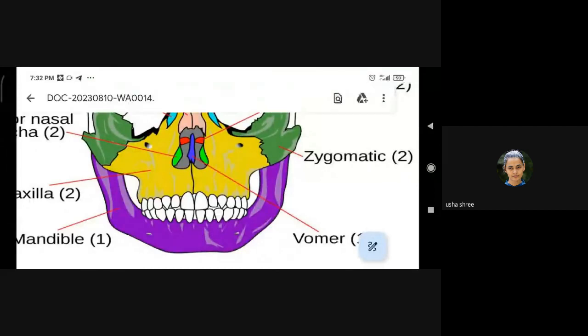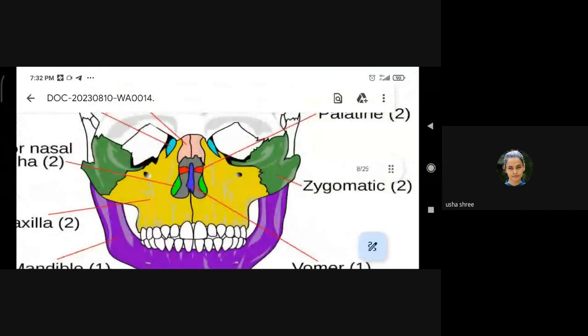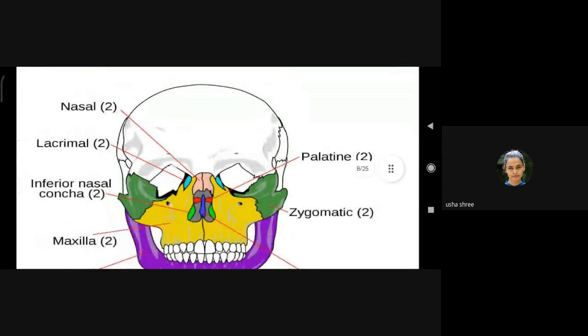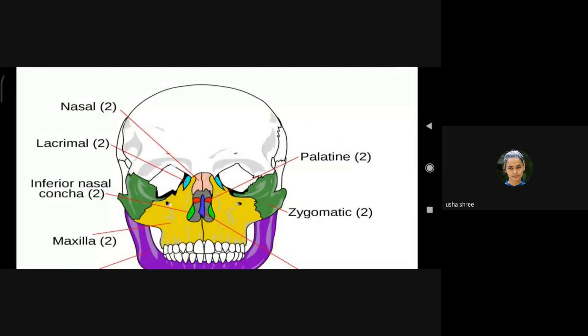Those are palatine. And these green colored bones are nasal concha. Two in number, they are nasal concha.